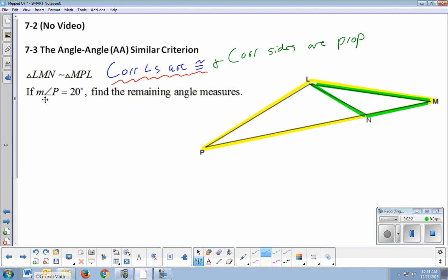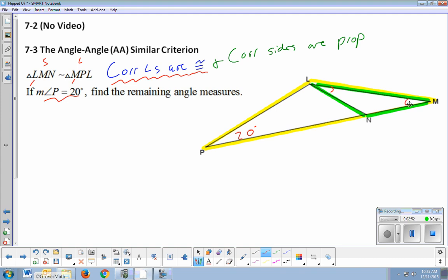Now, they tell you that angle P is 20 degrees, so let's fill that in. And then what we want to realize is that, remember, when they list the triangles, they list them in corresponding order. So that means that angle L corresponds to angle M. Angle L of the small triangle corresponds to angle M of the large triangle.